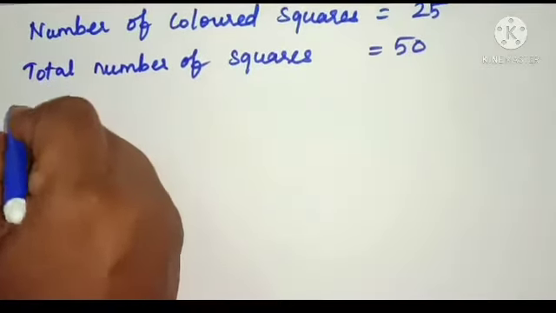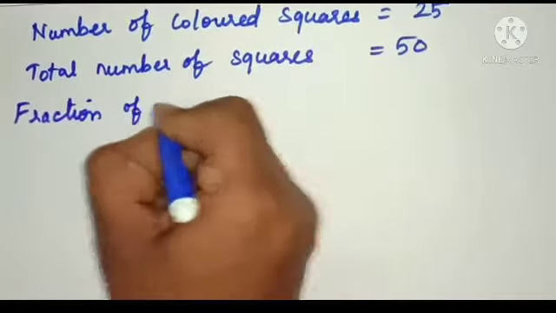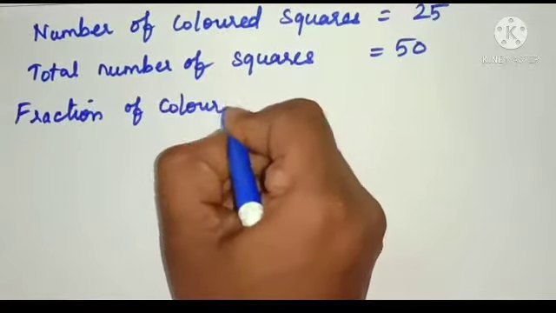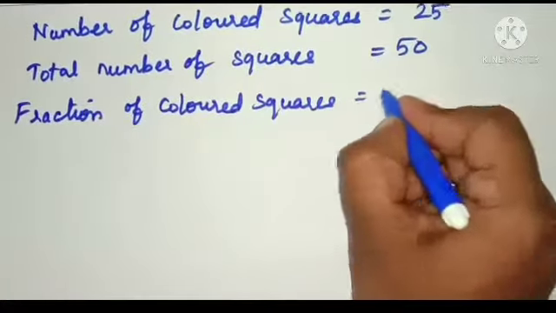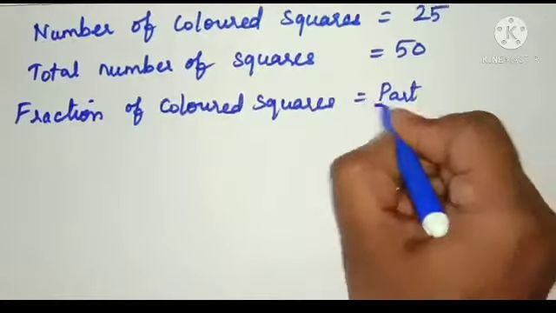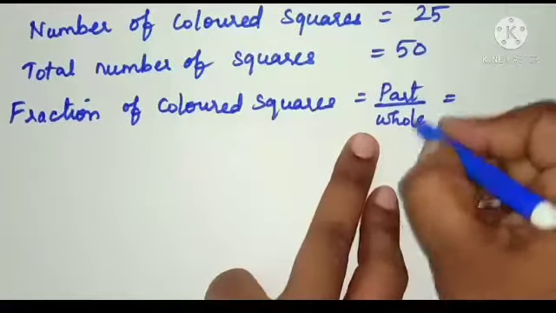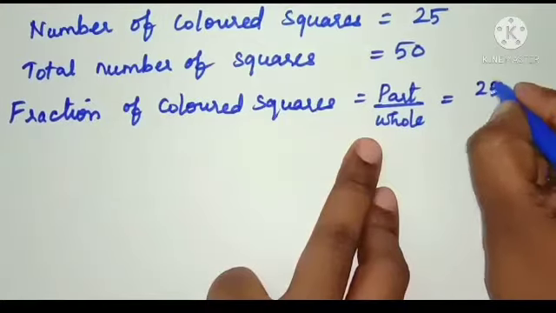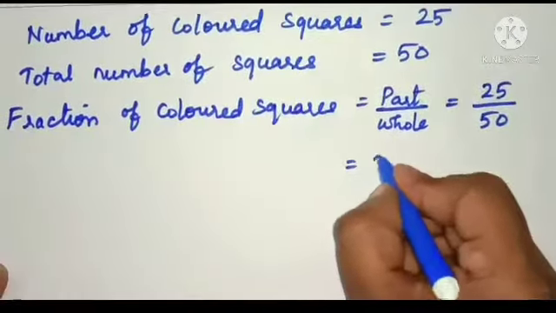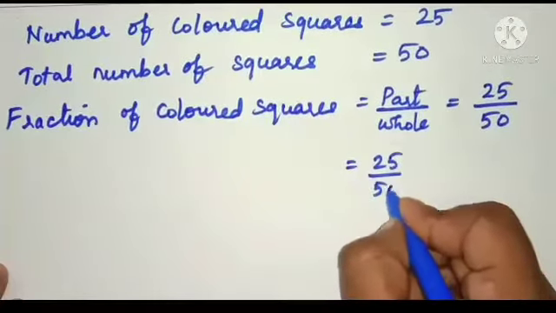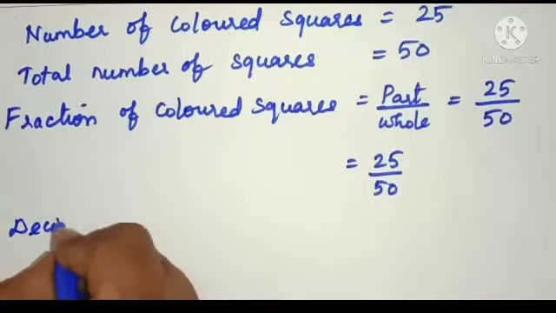And we know what is fraction? Fraction of colored squares is equal to part by whole. Isn't it? And here the part is 25 out of 50. Now children, 25 by 50 is the fraction of colored squares. And now let us write the decimal.